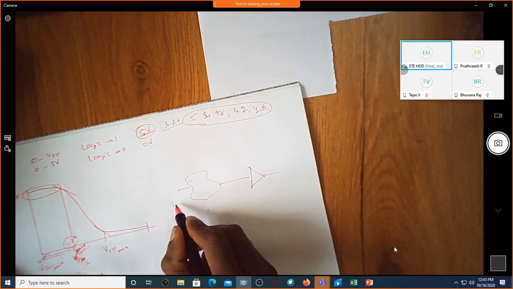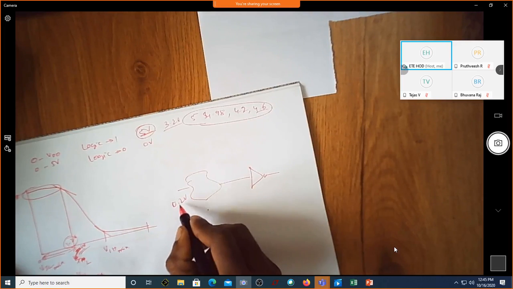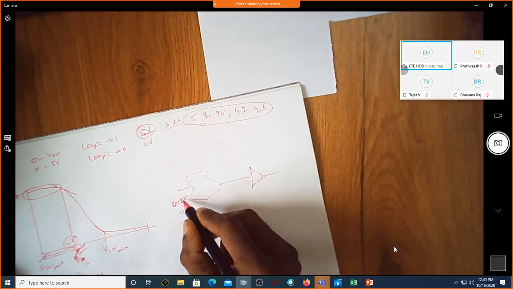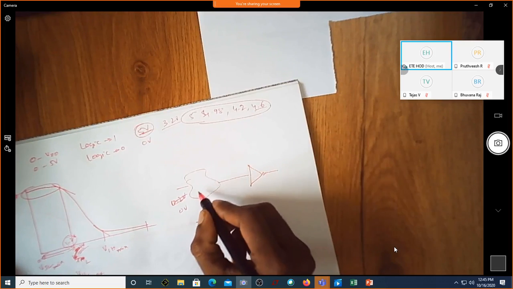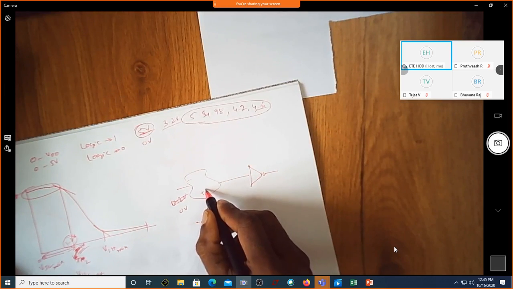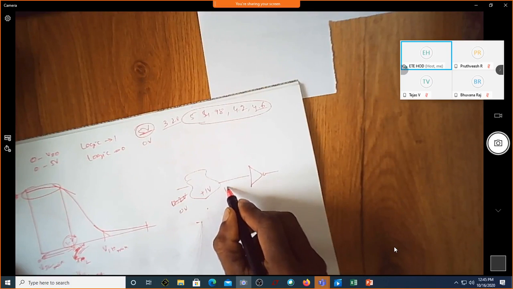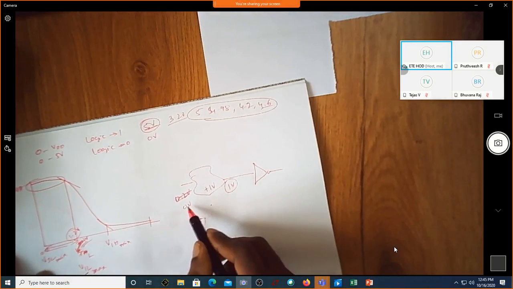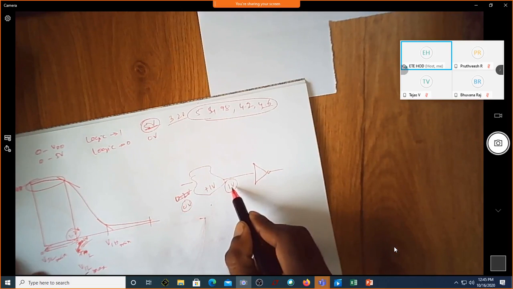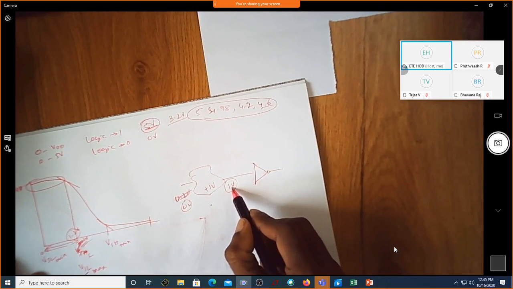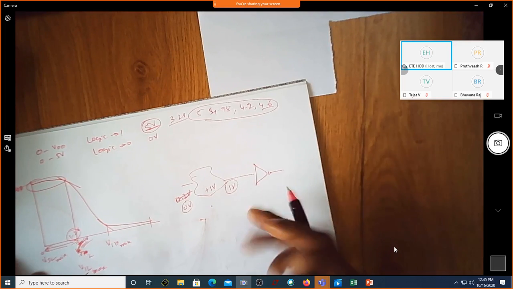Assume that you have 0 volt, and passing through this noisy environment it has increased the voltage by 1 volt. So this 0 volt has become 1 volt. Will this 1 volt still be considered logic low or logic high?